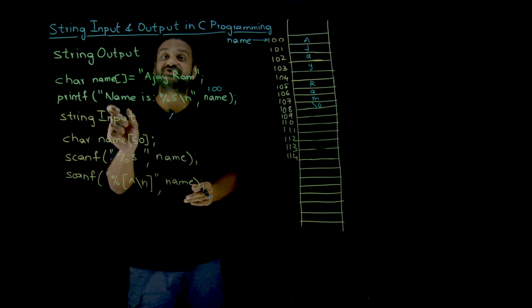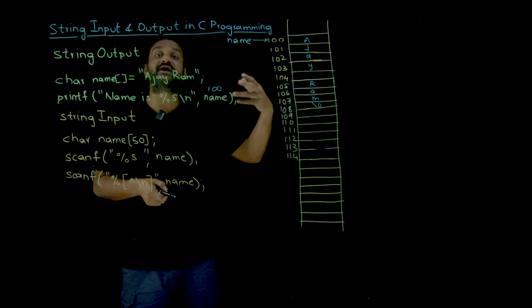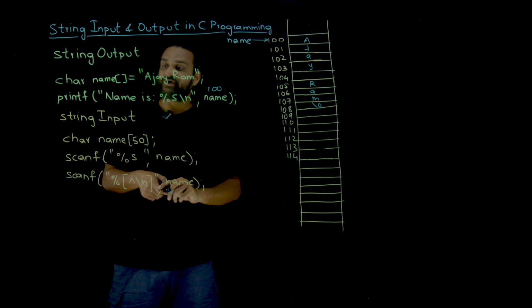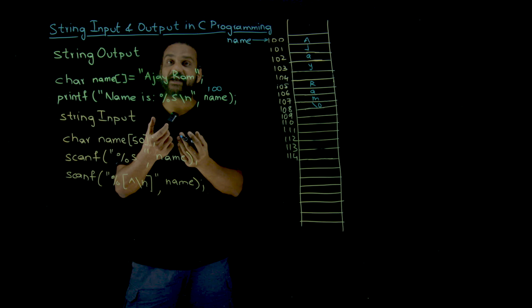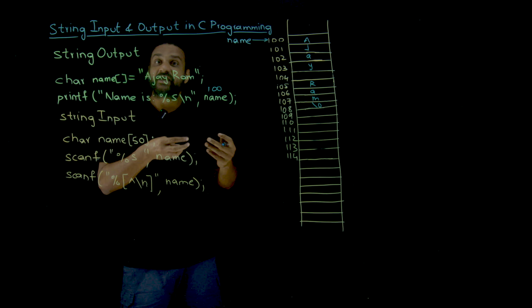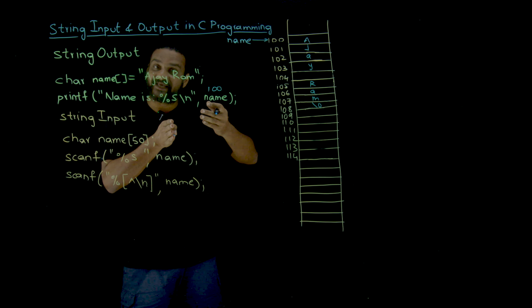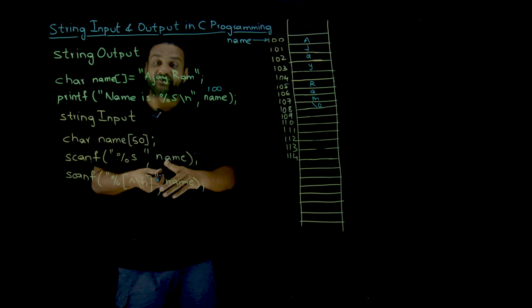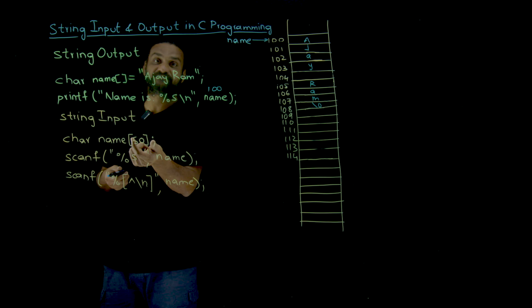Now what about string input? In this case, I want the user to provide the string, meaning scanf. Here I declare a char array name, and I have taken some random amount of space, because every time the user provides a name, the number of characters in it will change. To be on the safe side, I have taken the size of this name as 50 characters.